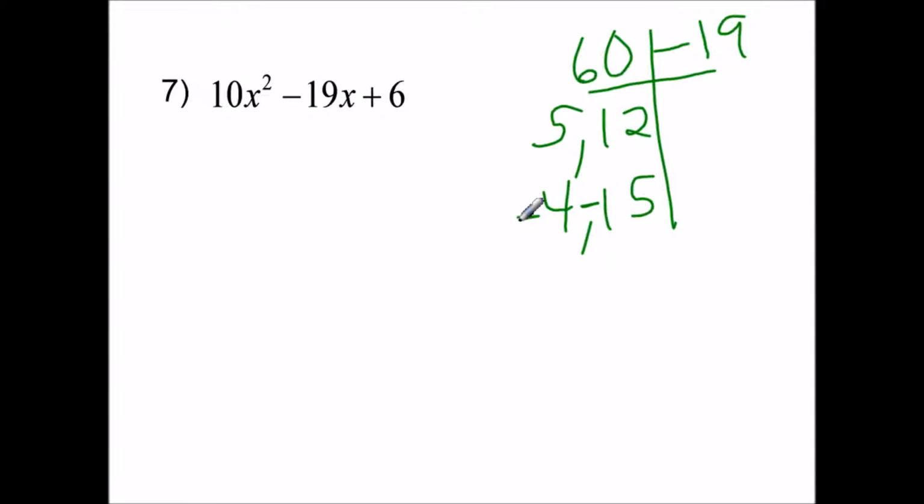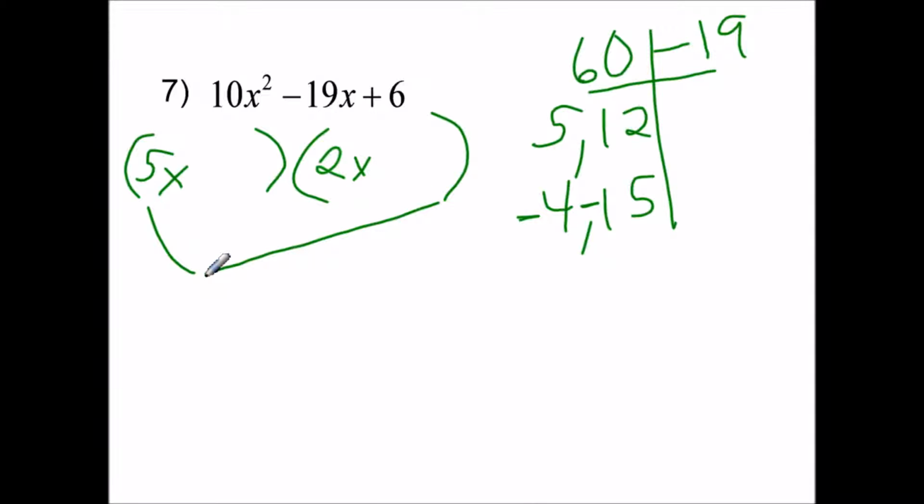So for first times first, I could choose either 10x times 2x, or 5x times 2x, or 10x times 1x. 5 and 2 are the ones that work because 5 is a factor of 15 and 2 is a factor of 4. So now 5x times something gives me negative 15x.